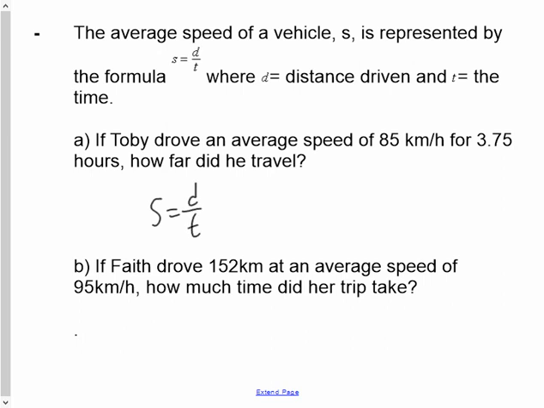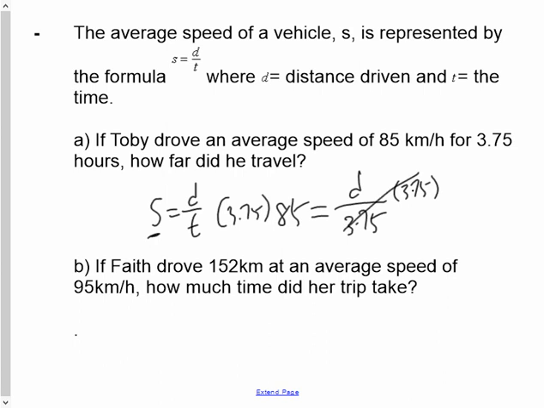and we're going to substitute all we know into the formula to see what happens. So speed is 85, so we're going to put 85 where the S is. 3.75 hours is the time, so it's going to go down here. And your D is going to remain as distance, and we're going to end up with this. We want to isolate the variable for D, so we're going to multiply both sides by 3.75.